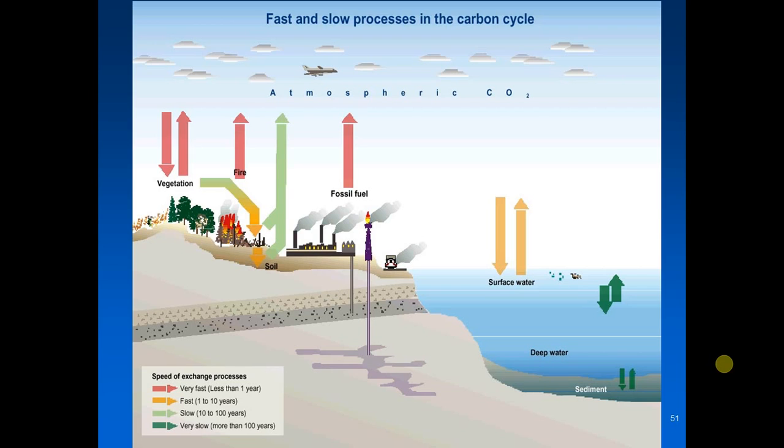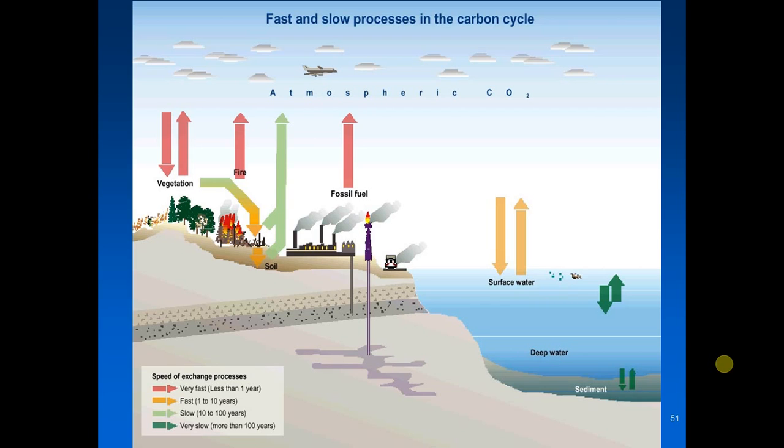And here's just another figure for you, showing fast and slow processes in the carbon cycle. This figure is nice because it combines both the short-term and long-term carbon cycle. You're looking at different color arrows. The red arrow, very fast, or the orange arrow, fast, is generally the short-term carbon cycle.